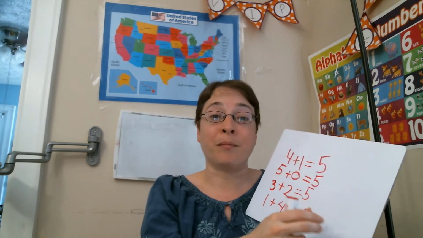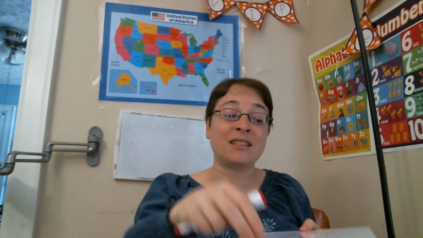But our number focus today is going to be 9. So I want you to listen to my story. Okay. Michael had 9 berries. 5 of the berries were strawberries, and 4 were blueberries.